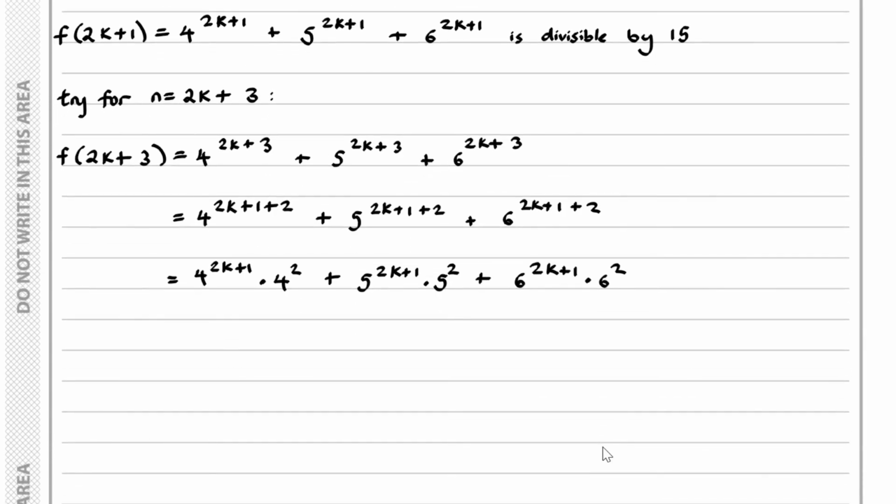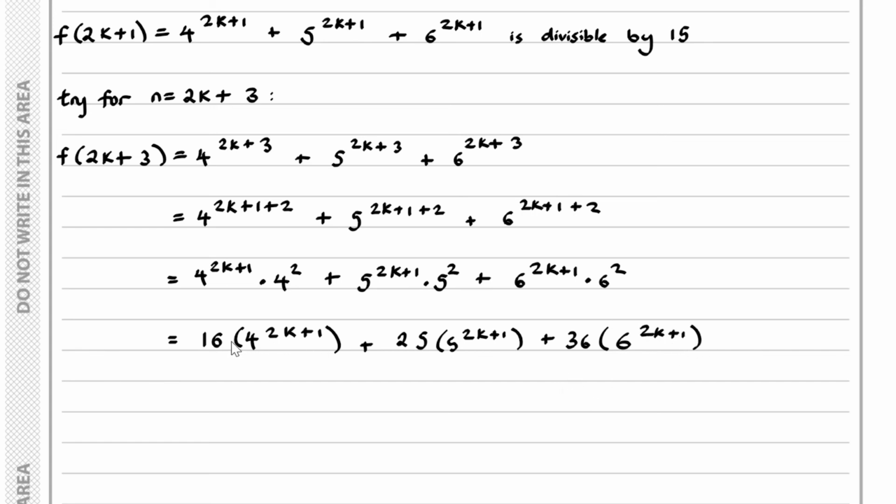So if we simplify all this, we have 16 lots of 4 to the power of 2k plus 1 plus 25 lots of 5 to the power of 2k plus 1 plus 36 lots of 6 to the power of 2k plus 1.